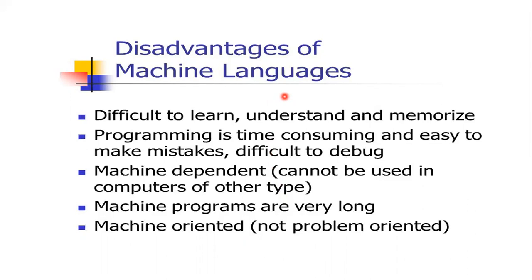The computer machine language accepts only 0s and 1s, so it is very difficult to learn, understand and memorize. A program written in binary, that is, in 0s and 1s, is time consuming, easy to make mistakes in, difficult to debug, that is, to correct errors, and also machine dependent, that is, if you use it in one system, we cannot use the same code in another system.